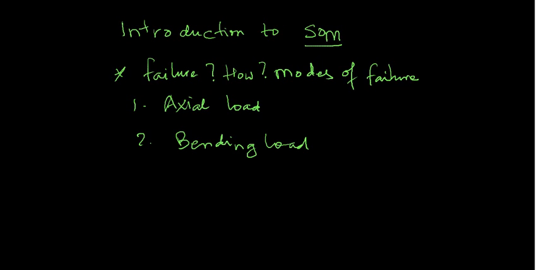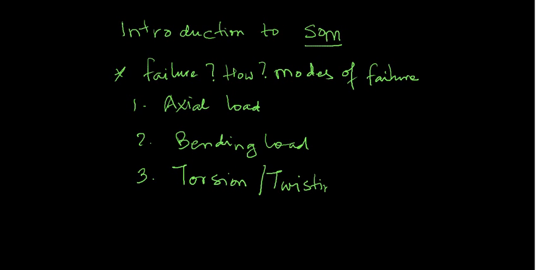Axial means that something which is along the axis. That's your axial load. A bending load is something which bends a member. Bends means it becomes curved. A curvature sets in. Now, the third kind of load which usually acts on a member is torsion, or more popularly known as twisting.